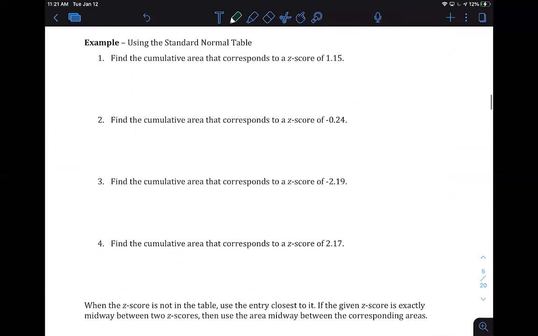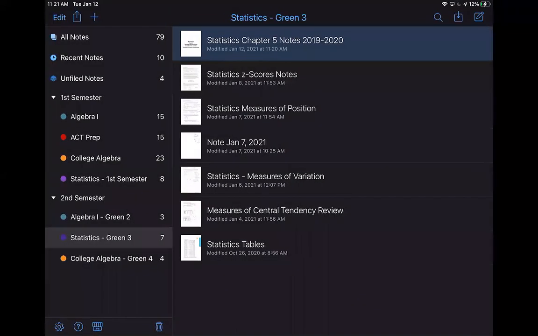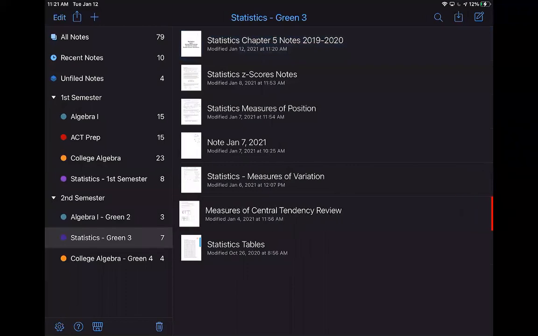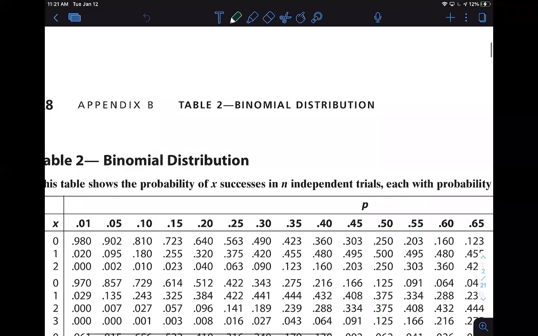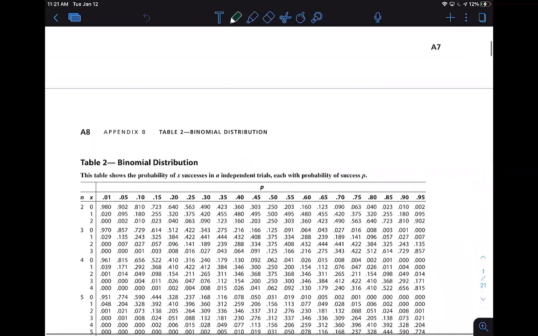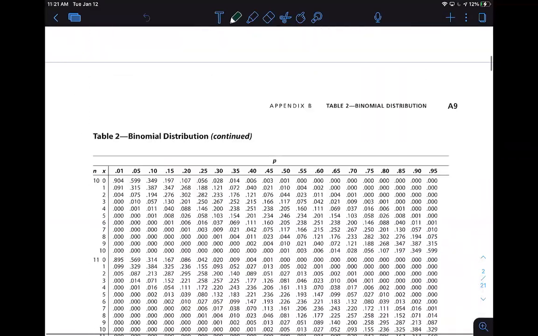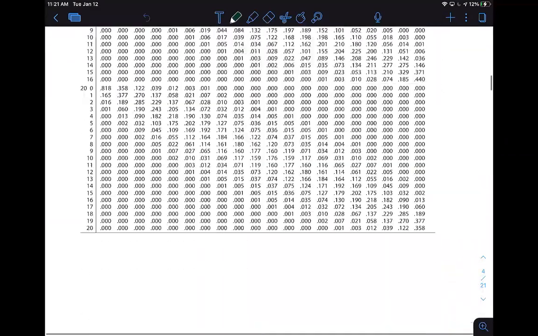So we're going to use the standard normal table to find these areas. So to find the cumulative area that corresponds to a z-score of 1.15, go over to your tables. And you're going to want to go to, I think it's table 5.